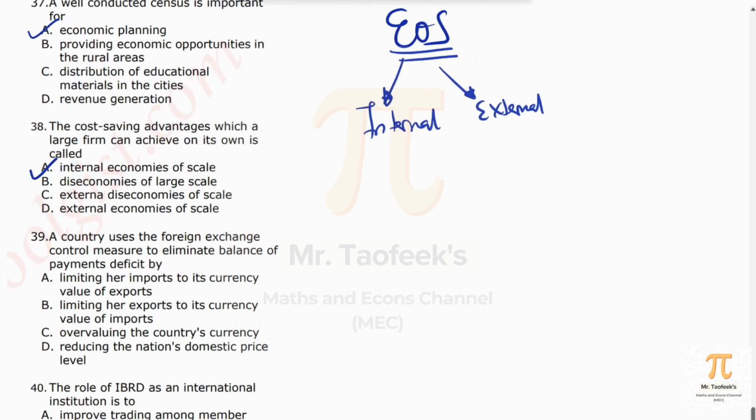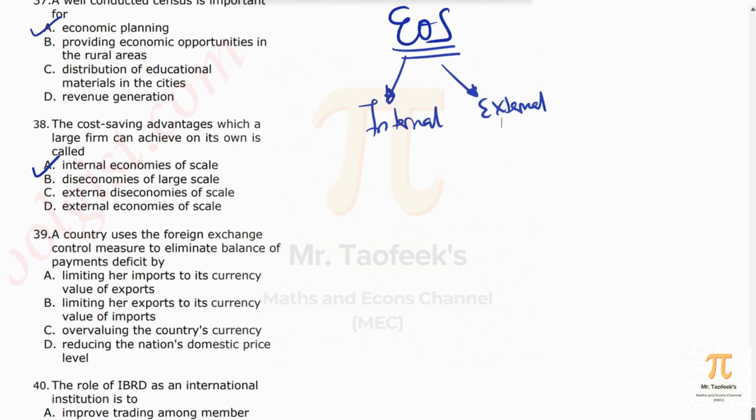Number 39: a country uses a foreign exchange control measure to eliminate balance of payment deficit. Before I start, balance of payments is basically a document showing the value of total imports and exports of a country with the rest of the world.